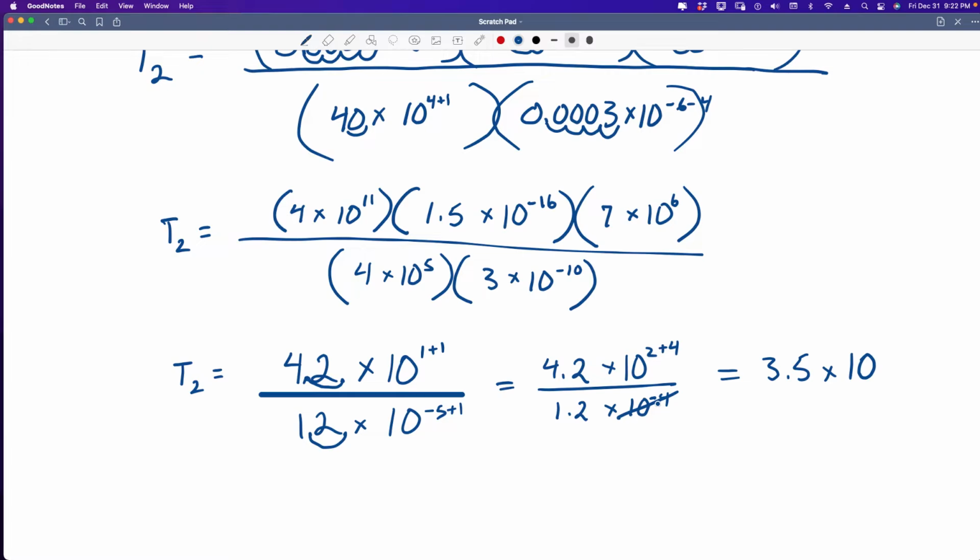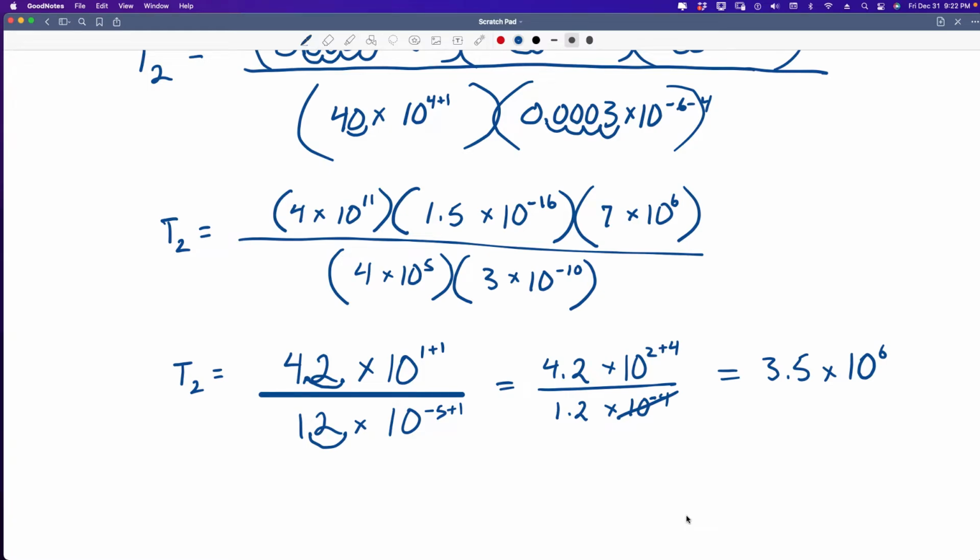It was minus 4 down here. So to get rid of this, we bring it to the top because we treat this like a variable with an exponent. That's all this is. So our exponent changes from a negative to a positive, so we add these together. So that's going to be 10 to the 6.